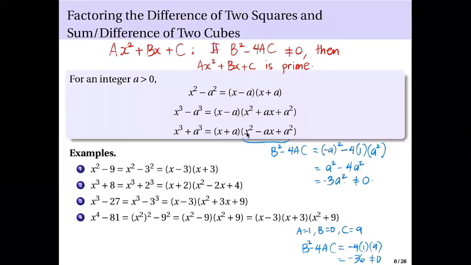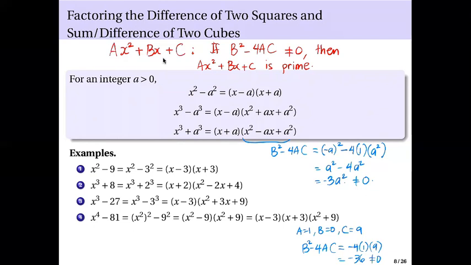So this is the hint. You would know if your expression capital A x squared plus capital B x plus C is prime if this guy here is not equal to 0. If it is equal to 0, then this expression can still be factored, and we will have a way later on how to factor this type of expression.